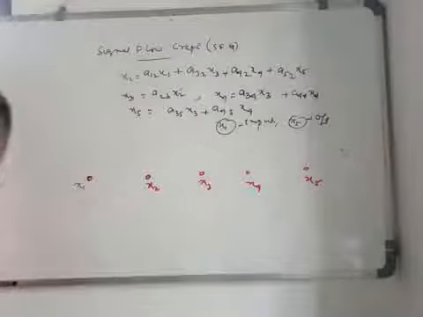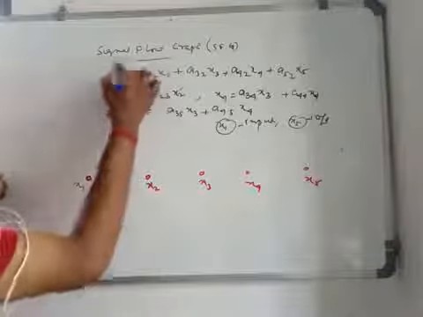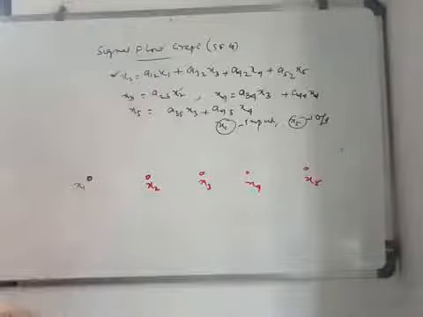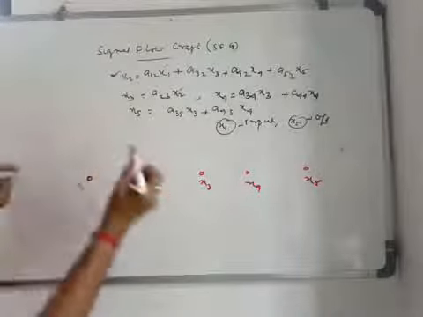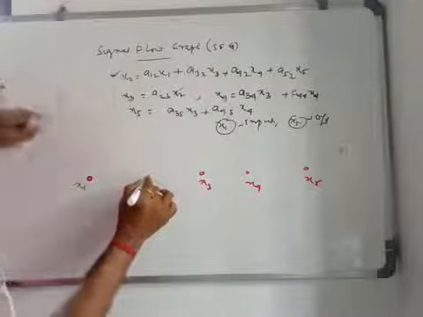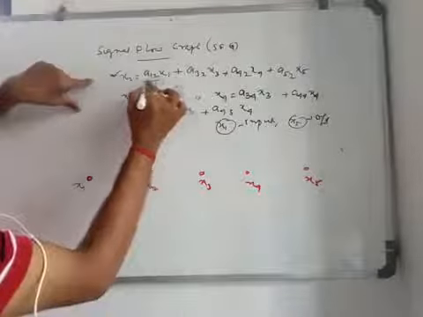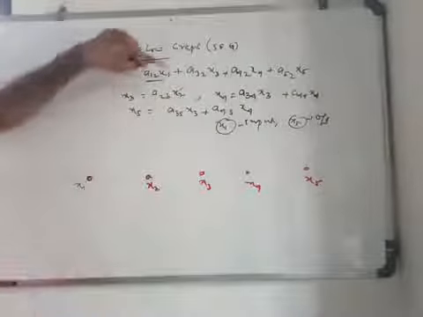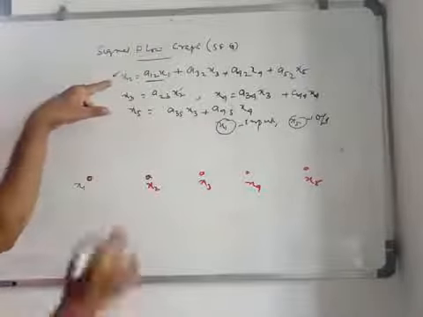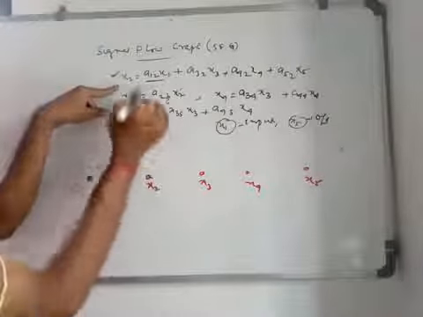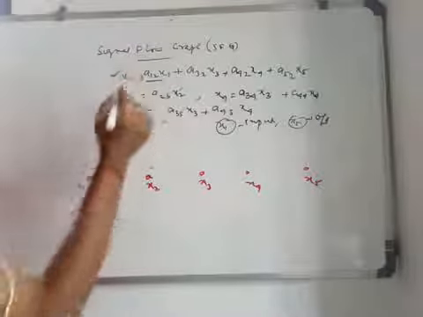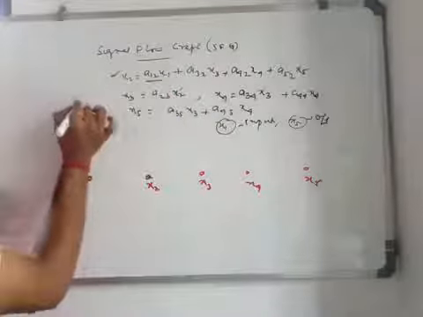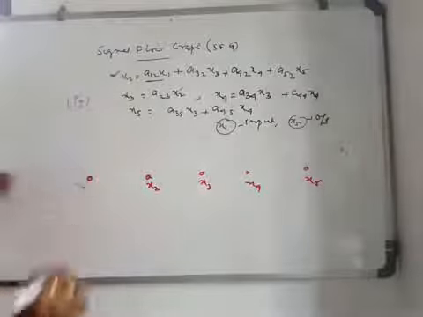I can say these equations, this x2. What you have to do, you have to take this x2, means this node. This node is constructed from x1 first of all. So this is related with x1 by some path having gain a12, and this is the ij notation.